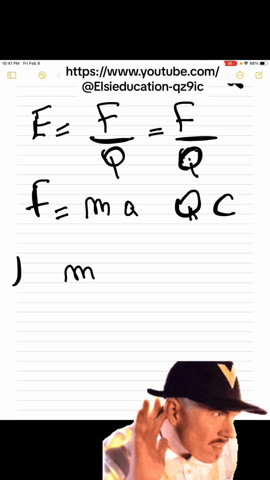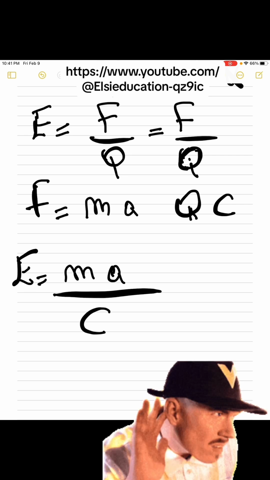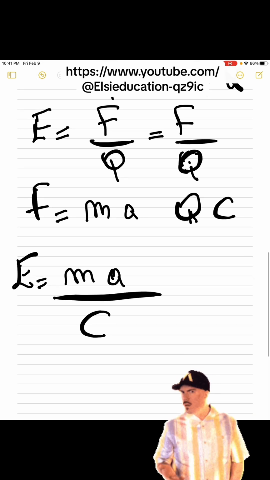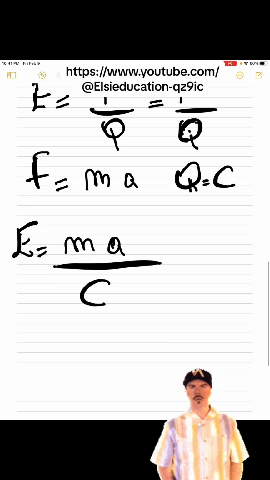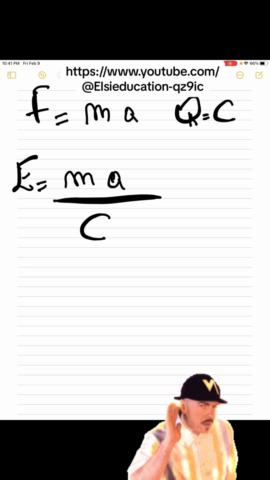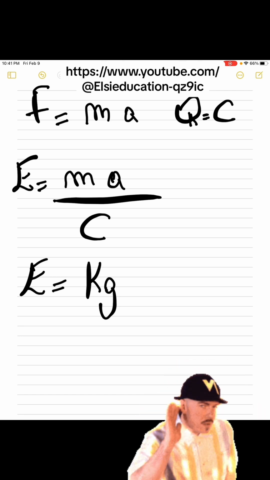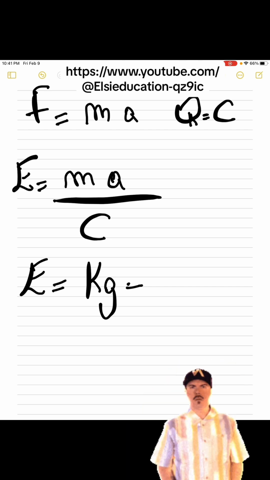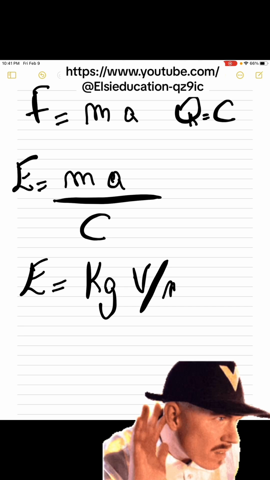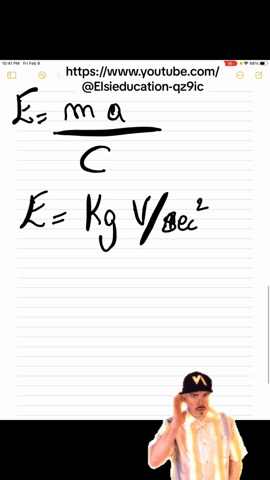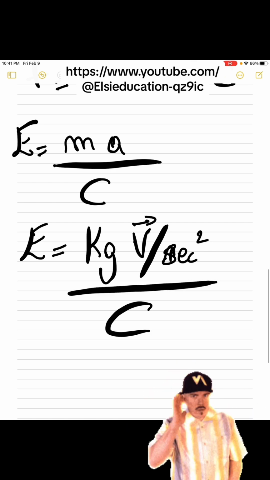So the electric field is mass multiplied by acceleration divided by charge. The mass is in kilogram and the acceleration is in meters per second square, divided by the Coulomb.